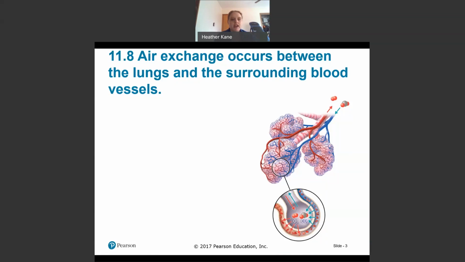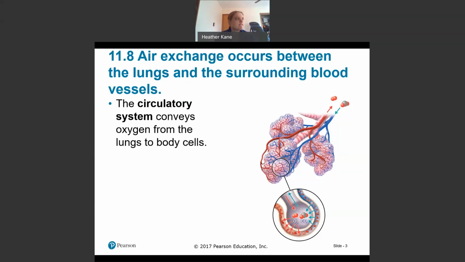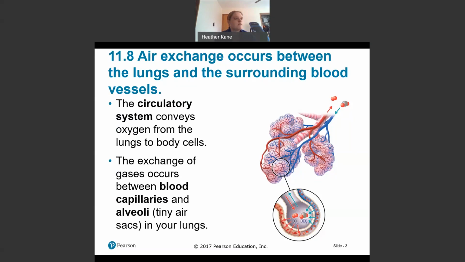This air exchange has these two main different types of blood vessels. We have these arteries, which are going to have oxygenated blood. Those are going to be those red vessels. And then we have those veins that are going to be those blue vessels. These are going to have more of that carbon dioxide.